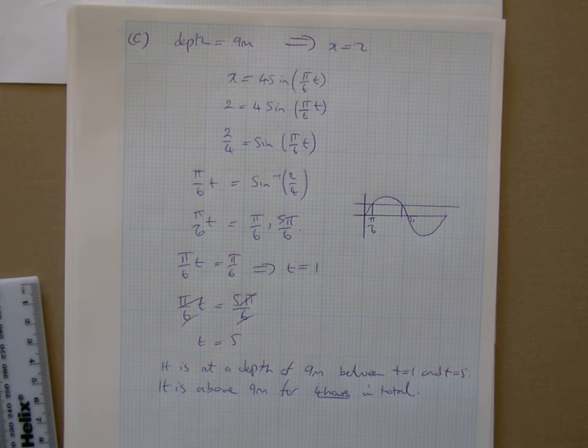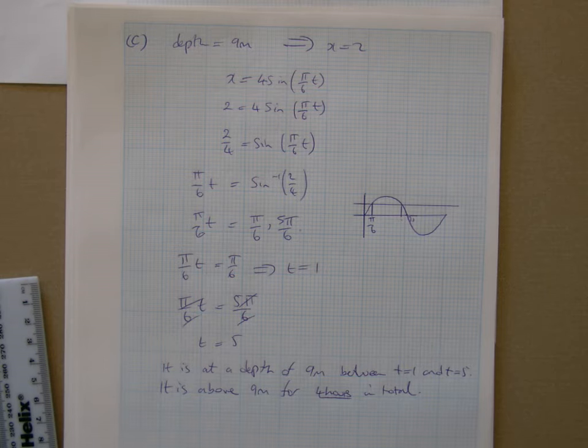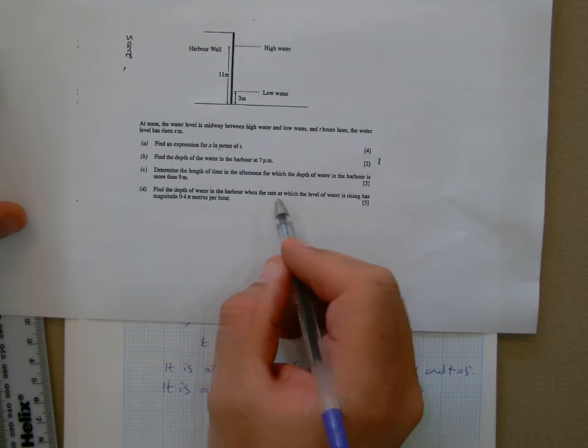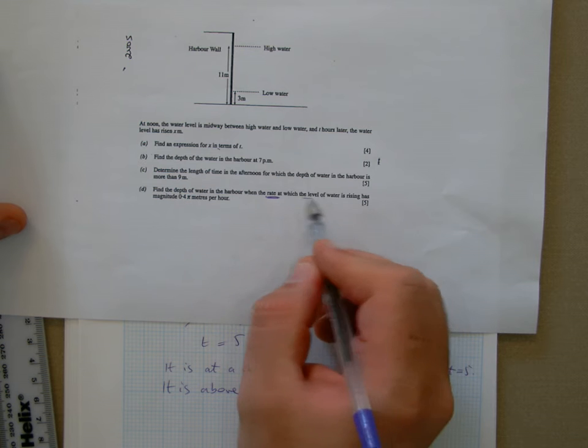Okay, now part D. It says find the depth of the water in the harbour when the rate at which the level of water is rising has a magnitude 0.4 pi metres per hour. Read that question carefully. It says the rate at which the level of water is rising.